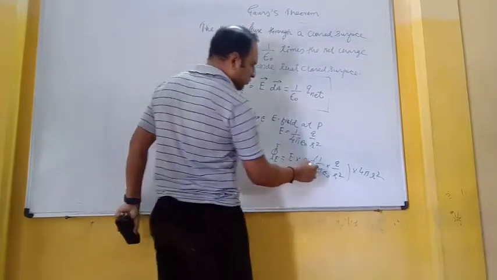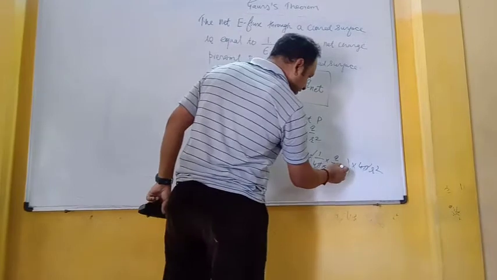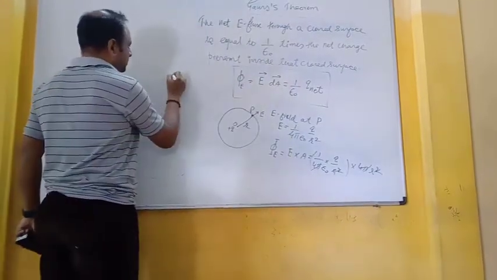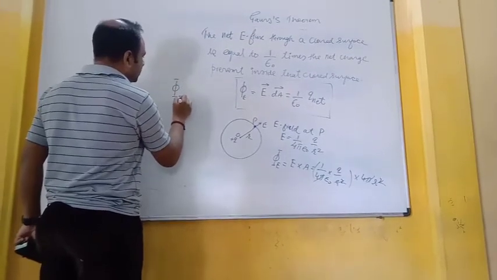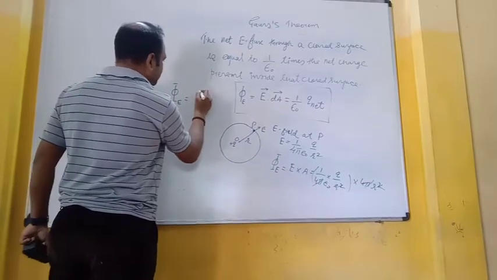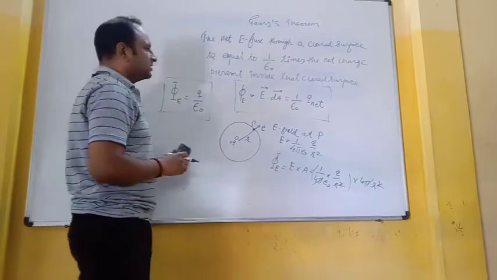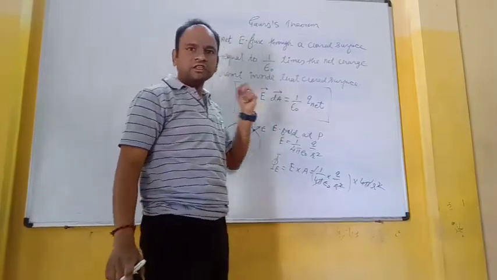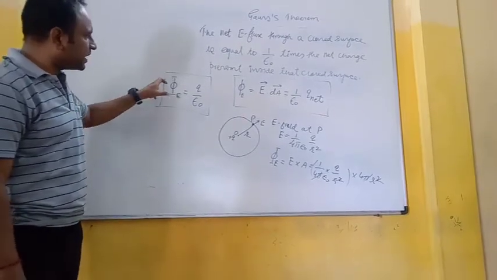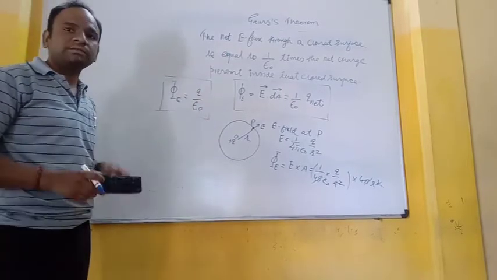So this 4 pi would get cancelled by this 4 pi, and this R square would get cancelled by this R square, and therefore the net flux that is coming out of this spherical surface would be Q divided by epsilon 0. This is nothing but the restatement of my Gauss's theorem. Okay, so the Gauss theorem says that the net electric flux through any closed surface is 1 upon epsilon 0 times the net charge present inside.